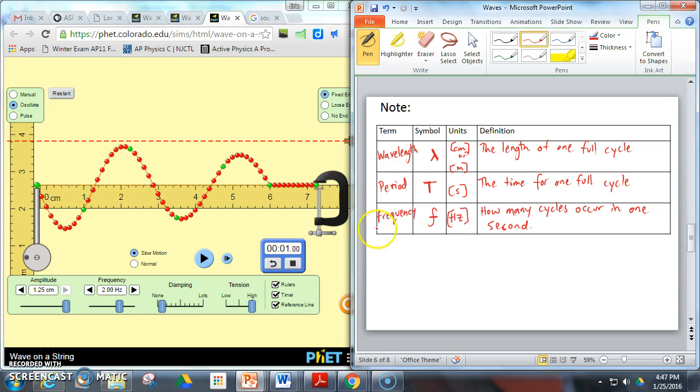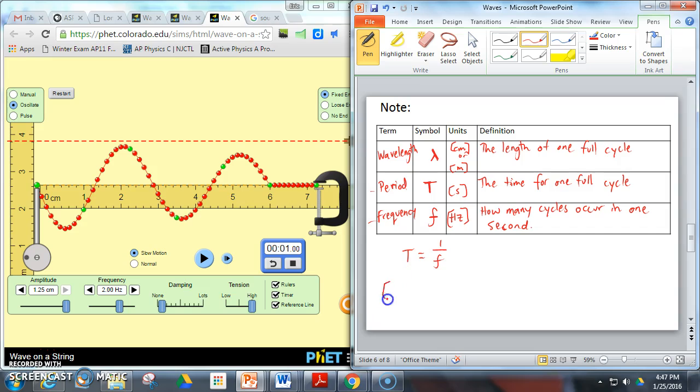So how do we relate period and frequency? These have some sort of relation between them. One is the time for 1 full cycle, and the other one is how many cycles occur in 1 second. In this case, frequency, we found it was 2 hertz, so there was 2 full cycles in that 1 second of time. But we can relate these two with one another through the following. Period and frequency are what's called inverses of one another.